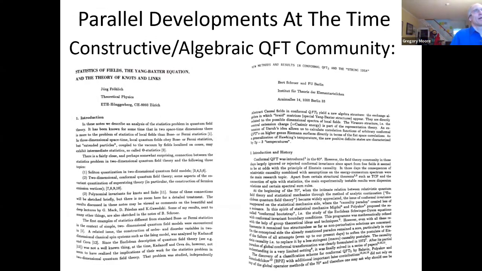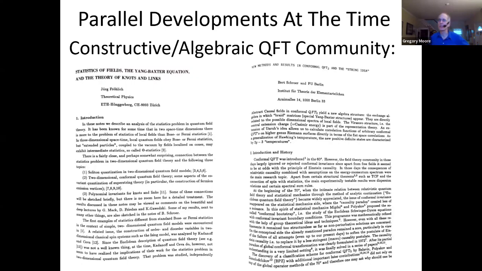Now, there were parallel developments at the time in the constructive quantum field theory and algebraic quantum field theory community. And again, going back to that watershed Karges meeting, Jürg Fröhlich was there talking about this kind of subject, and Bert Schroer was there. And if you look at their contributions to the Karges proceedings, a lot of the paper is devoted to trying to make their peace with BPZ, given their upbringing in constructive and algebraic quantum field theory, which they did.